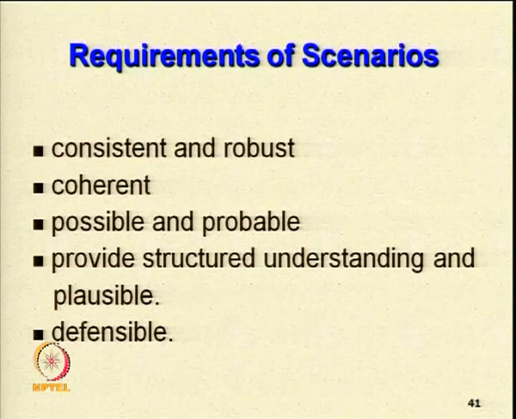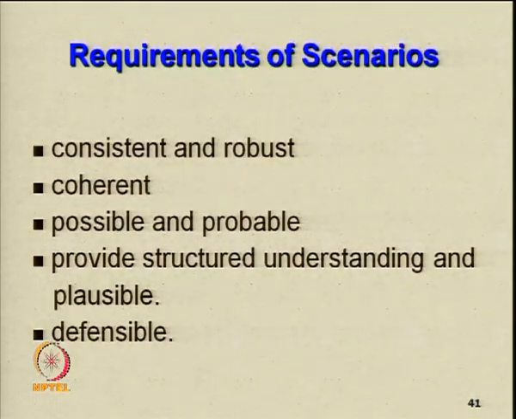Coherence is of a life stream. Consistency is a mathematical phenomenon. It should be possible and probable. Probable here means likely. Possible here means technically it could happen. Possibility is something which can't be ruled out.